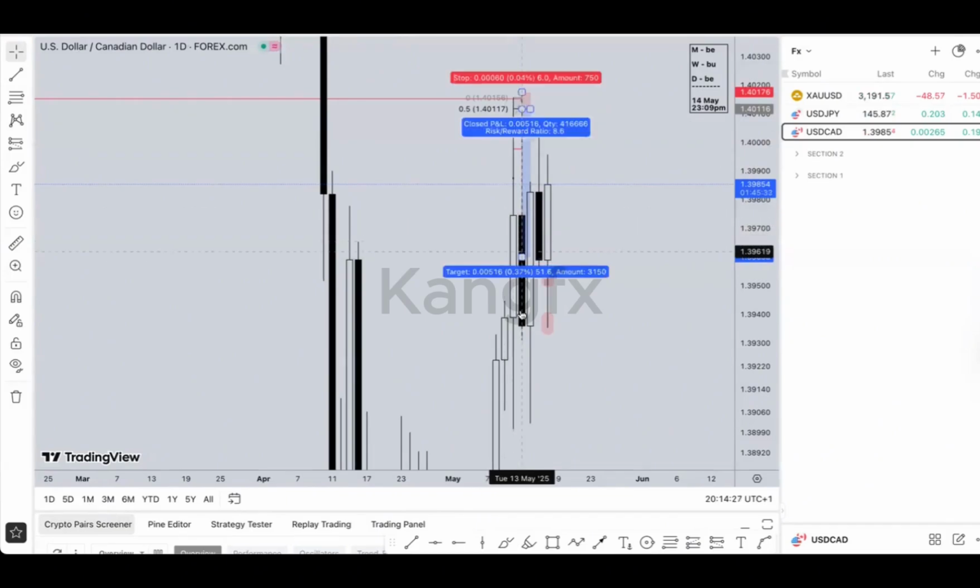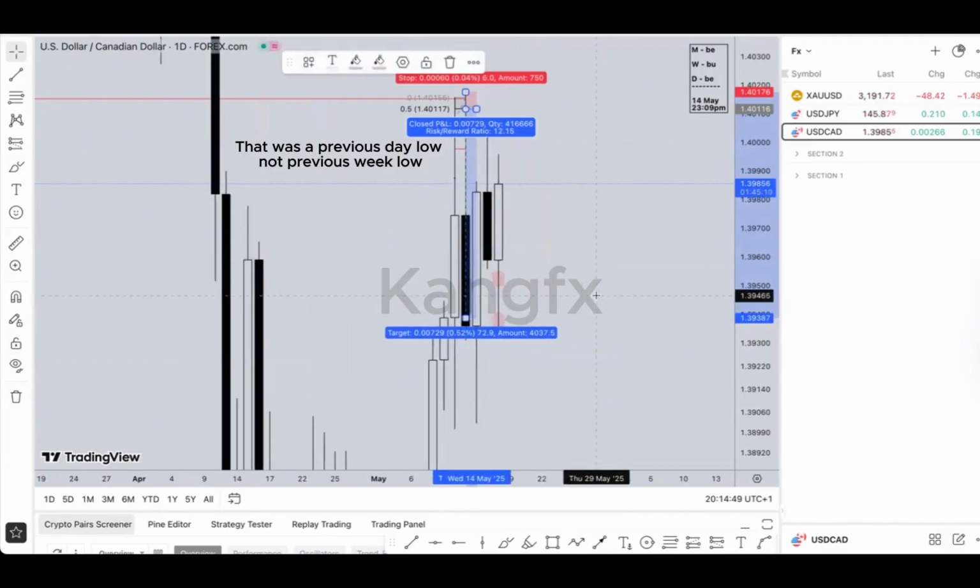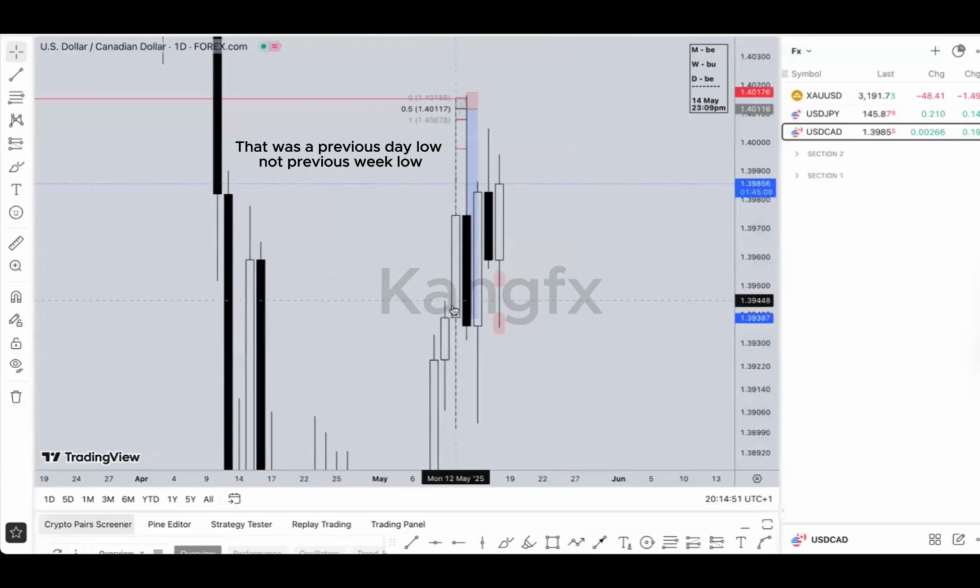The closest key level was this OCL here. This OCL was a key level, and also the previous week low. Before this previous week low, we also had this OCL here, which was also valid for us to take out our TP.